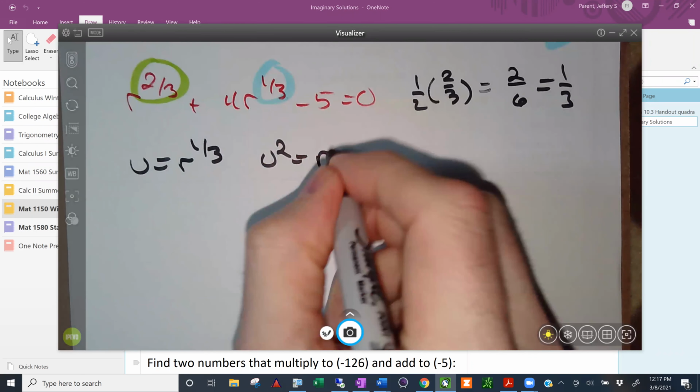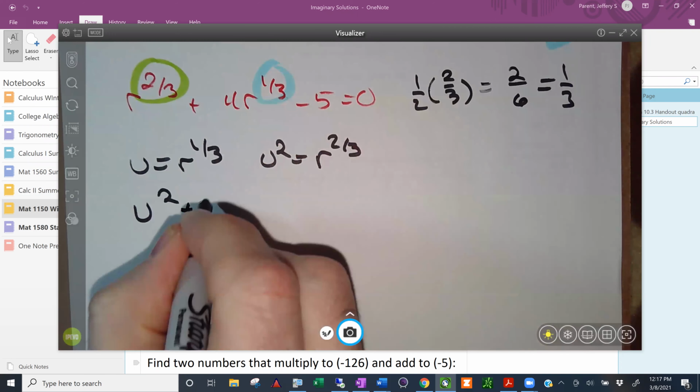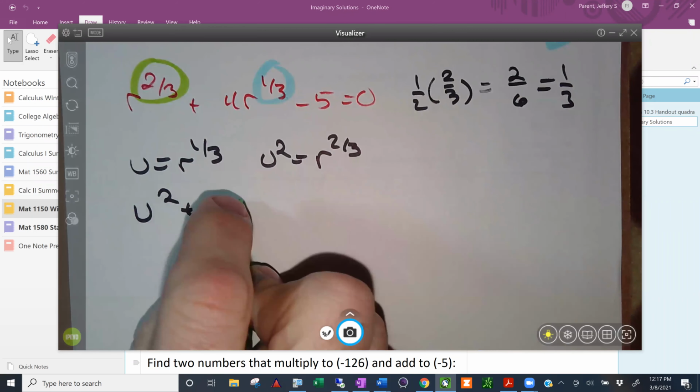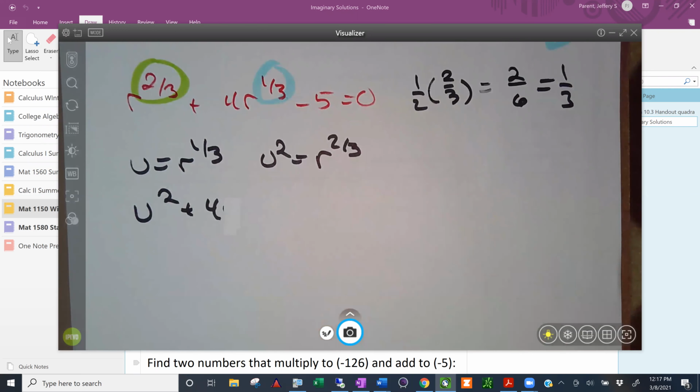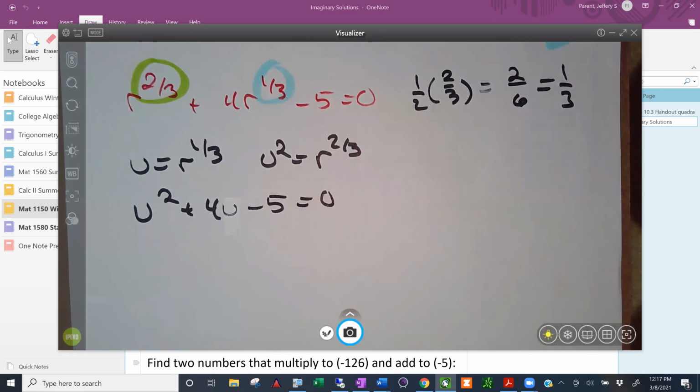This would be r to the 2/3, and that becomes u squared plus 4u minus 5 equals 0. Got to apply some Photoshop here. And this is a much nicer problem. Can anyone tell me why?